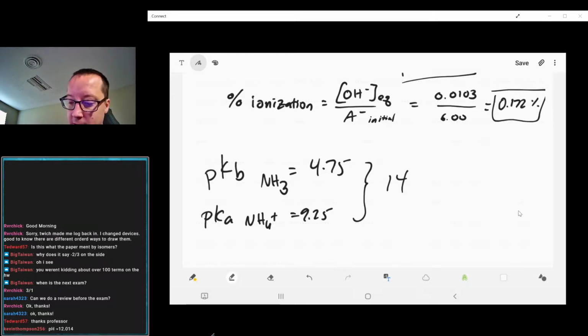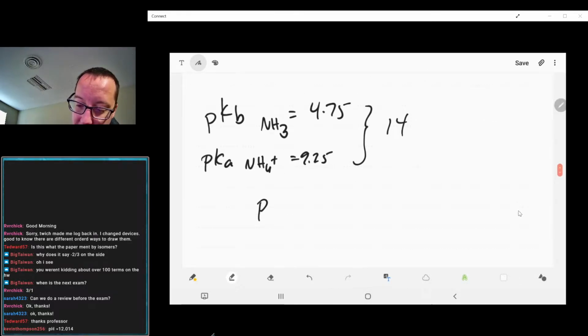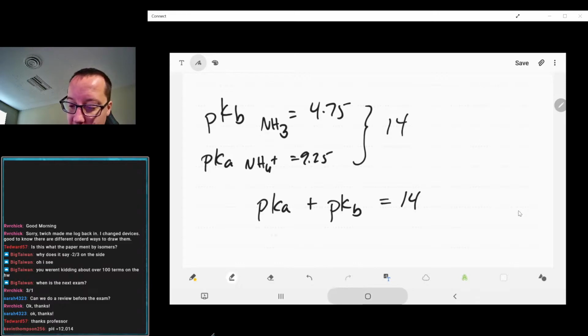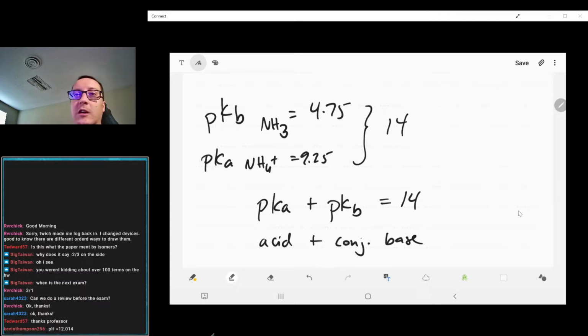Curious, isn't it? So the pKa plus the pKb for an acid and its conjugate base, or a base and its conjugate acid, either way, will equal 14. So notice here we have our base and its conjugate acid.